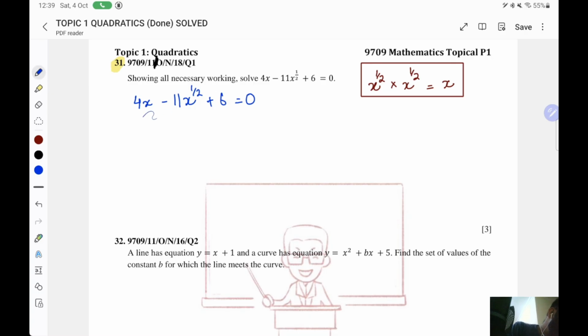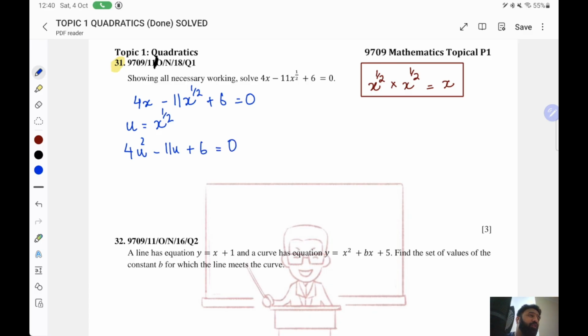So what you will do is you will label u as x power 1 by 2. Now this 4x, I told you just now that this x means x power 1 by 2 multiplied by x power 1 by 2. So this will become 4u square minus 11u plus 6 and equal to 0.